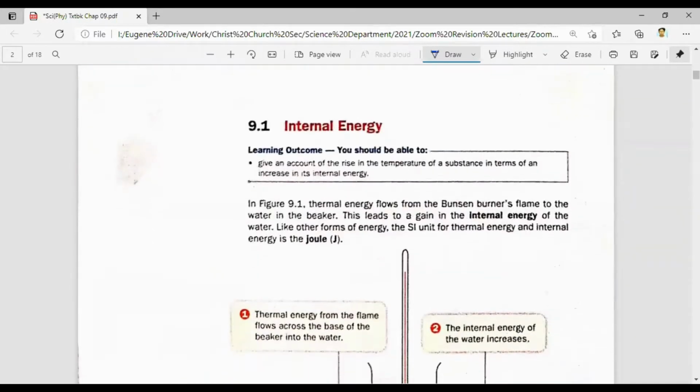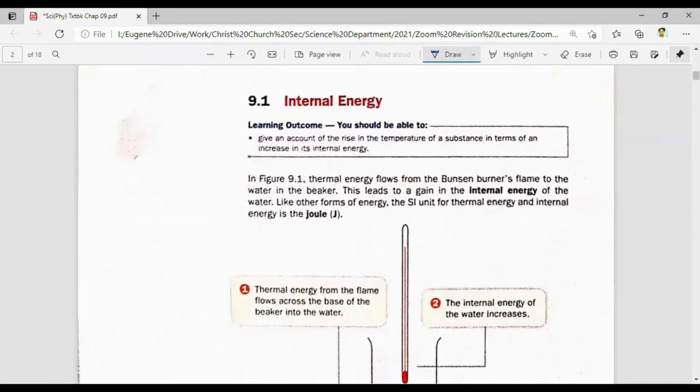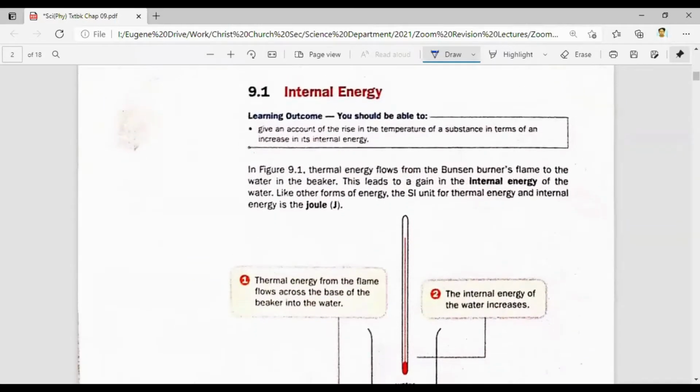Now, first things first, internal energy. Just take note of this. Whenever any substance gains thermal energy, this will result in an increase in the internal energy of the substance.